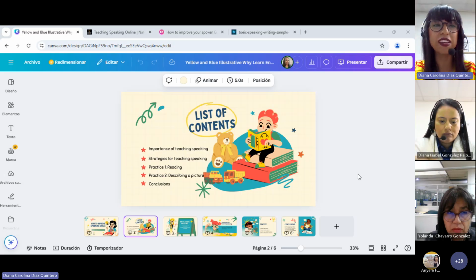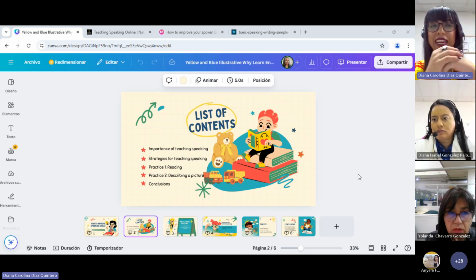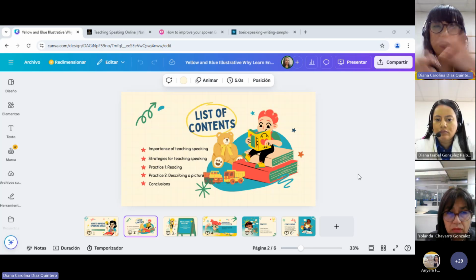When our students have to prepare a speaking task, we involve grammar, vocabulary, pronunciation, intonation, pitch, stress, word stress. In a speaking activity, we integrate all of the things we are working on with them in the classroom. What do you think, dear colleagues?